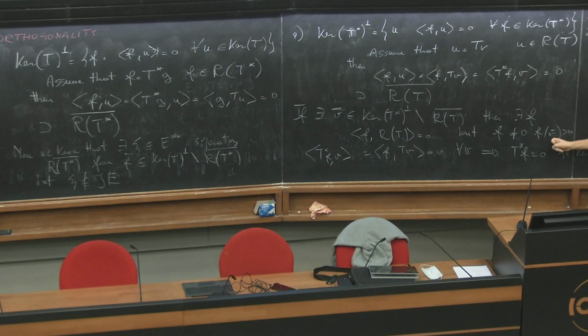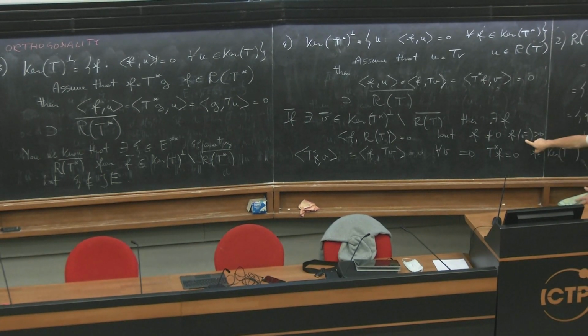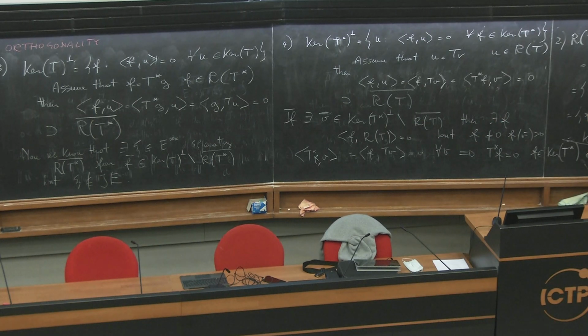And then it is a contradiction, because F cannot be in the kernel: V bar is a point in the kernel orthogonal, and then F V bar is equal to 0.